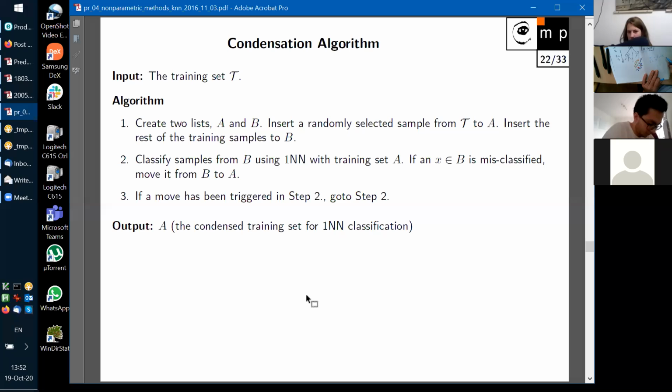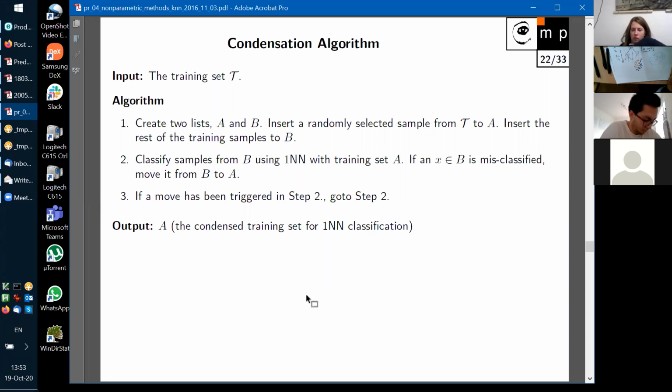So we know that all of those points which are not in T prime, all the removed points, are correctly classified with T prime. This is not the minimal subset. I think the optimal solution has to be done through the Voronoi diagram, and the complexity of calculating it in dimension higher than 3 is prohibitive.